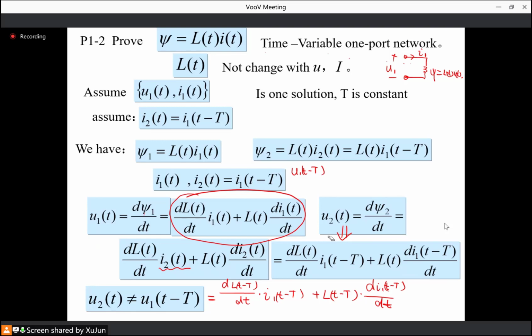This expression is not equal to this expression. So we call these components time variant. The problem comes from the L.